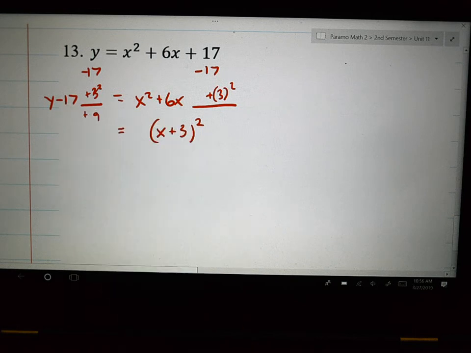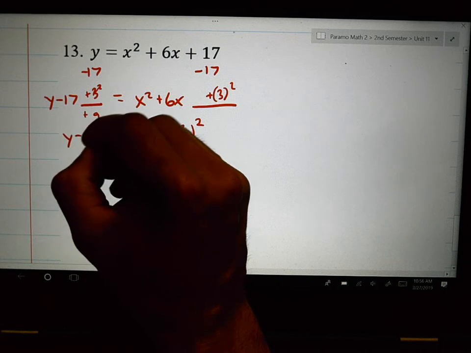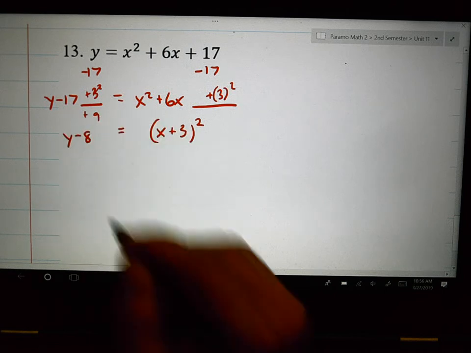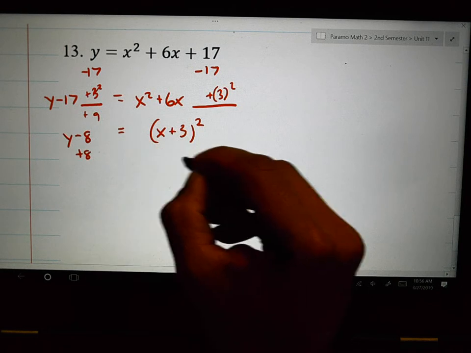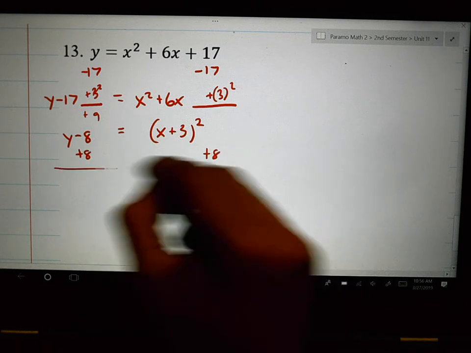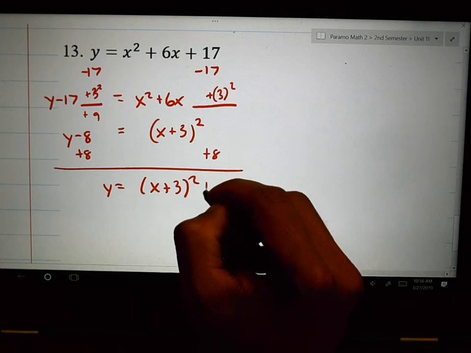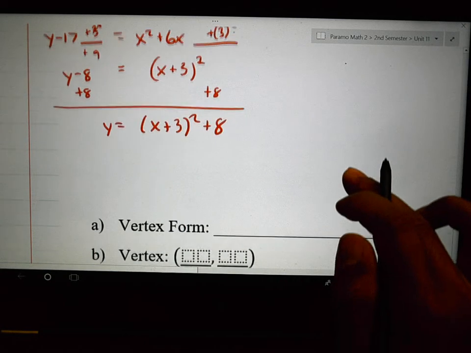Negative 9 minus 17 is y minus 8. All I do now is add 8. And now it's in vertex form.